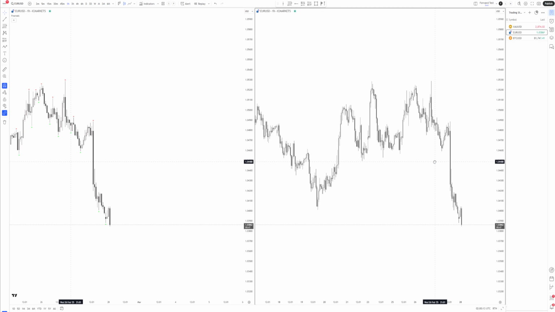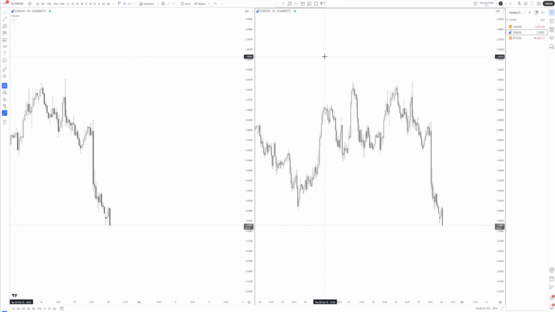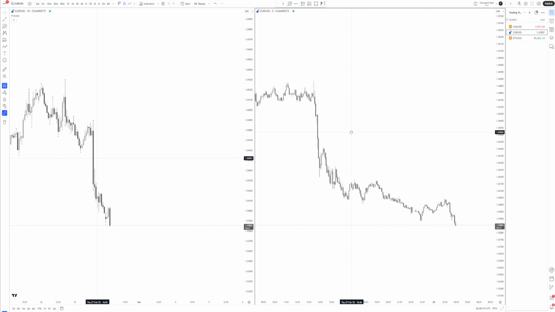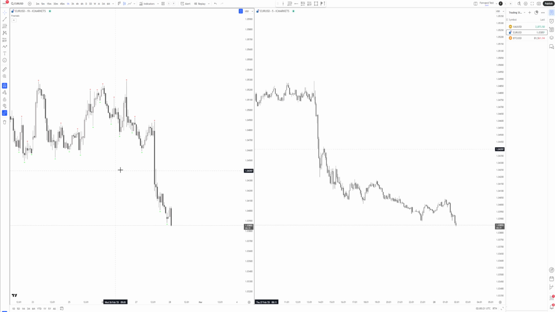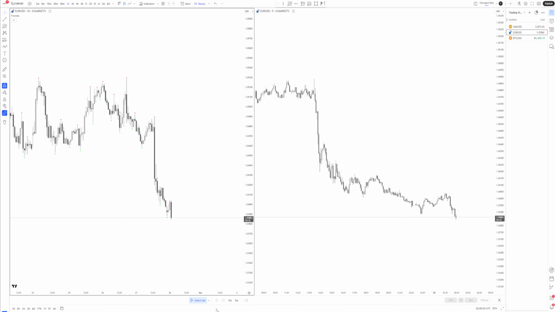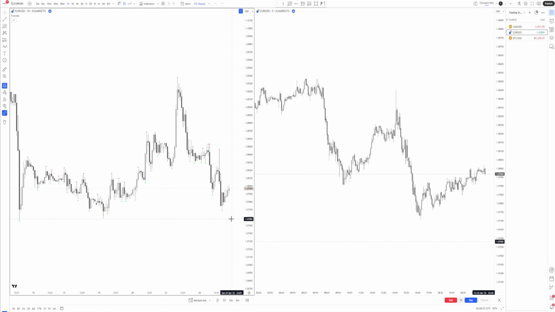Okay, and what we want to do is make sure that this side is on 5 minutes with the 1 hour on the left. And we will completely randomize this with a replay bar. Let's randomize it. You can see it's brought us to 22nd of April 2022. That's absolutely fine.